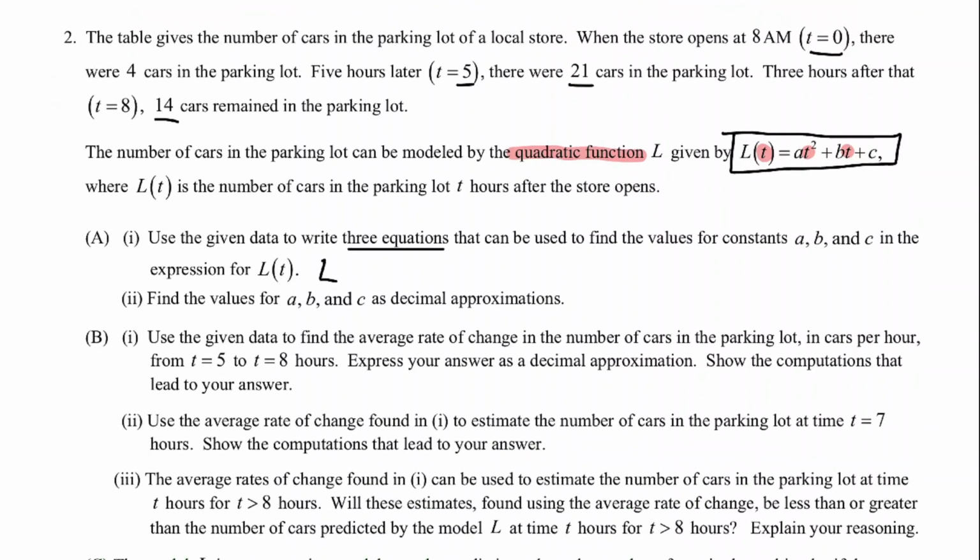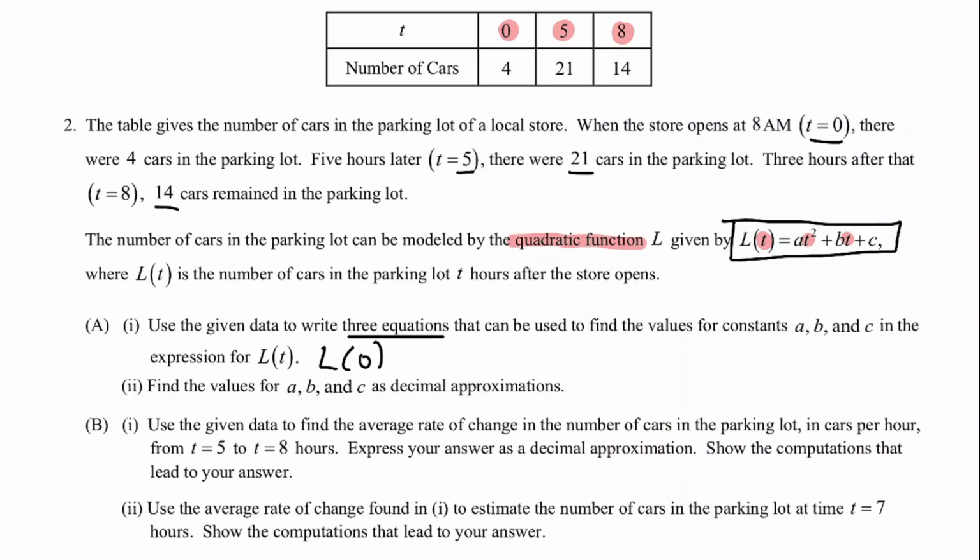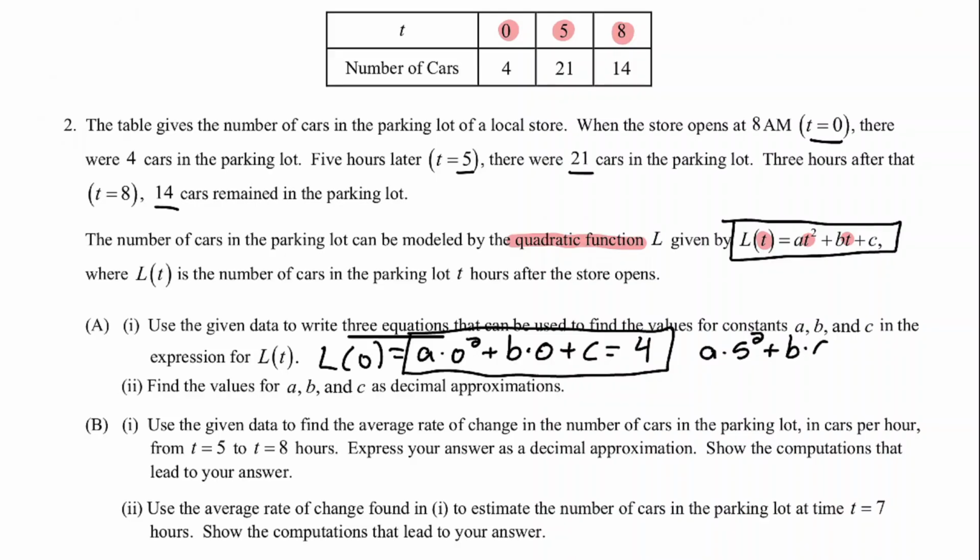So the first equation I'm going to get is L of 0. L of 0 gets me a times 0 squared plus b times 0 plus c. So that's my first equation, and that would equal 4. Then I want to plug in the rest. If I plug in a 5, I would get a times 5 squared plus b times 5 plus c is equal to 21.